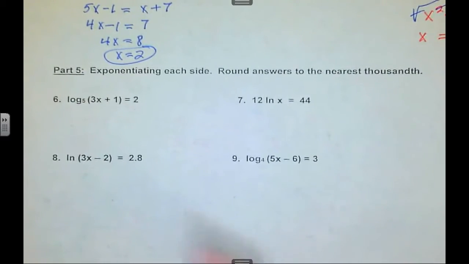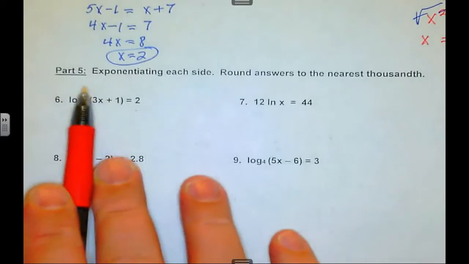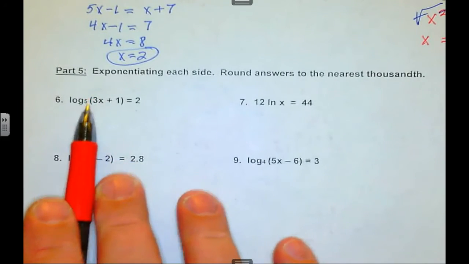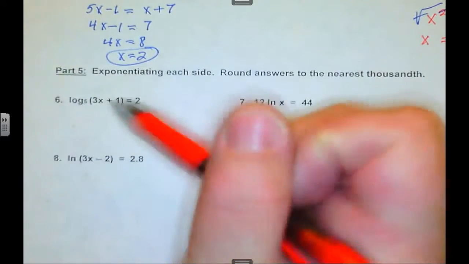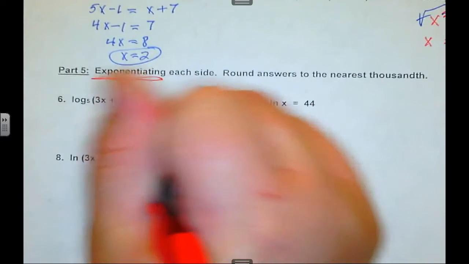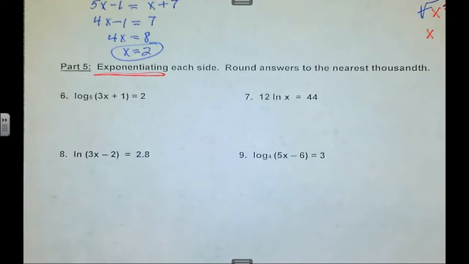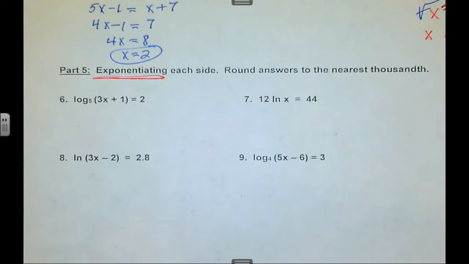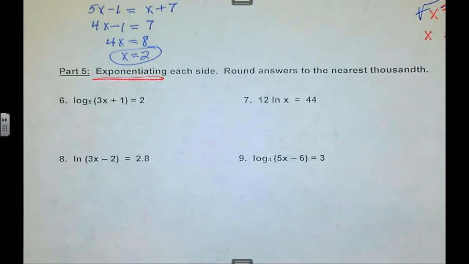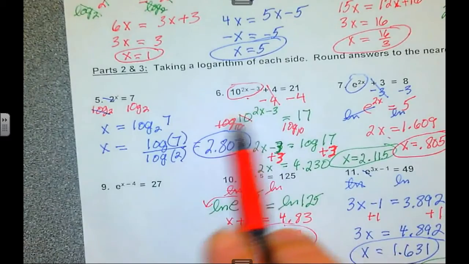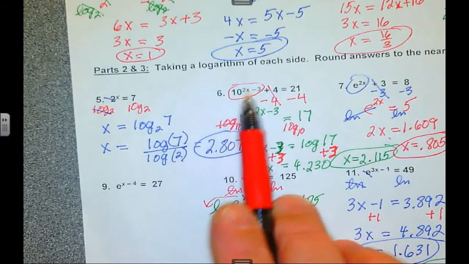Okay. Part 5. This is where I told you guys yesterday that you have to exponentiate these. In other words, we're going to get rid of the logs this time. On the other side, we're getting rid of the bases by taking the log of those.